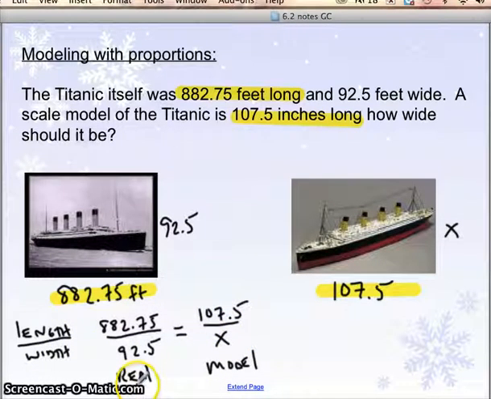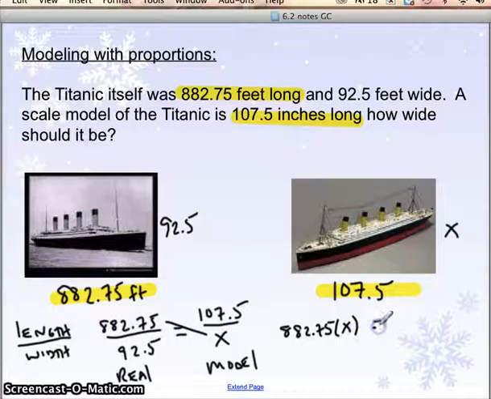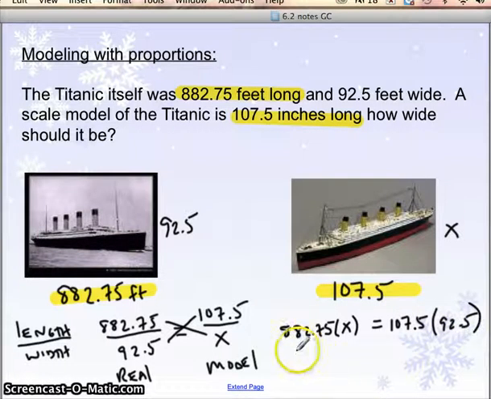Okay, so now we need to solve this. We're going to use cross multiplying from yesterday. So we're going to do 882.75 times x equals, and then we multiply those two together, 107.5 times 92.5. So we type in our calculator, what is 107.5 times 92.5?